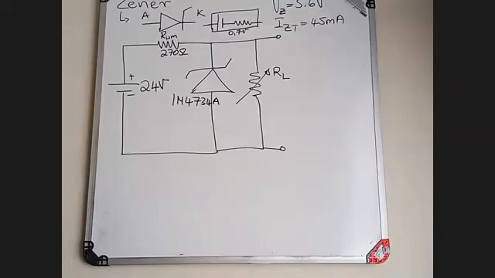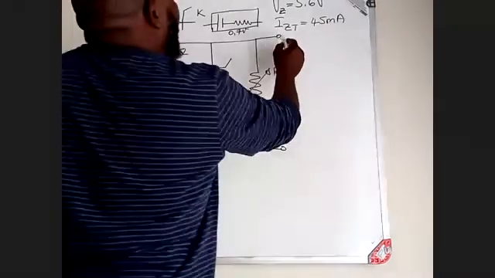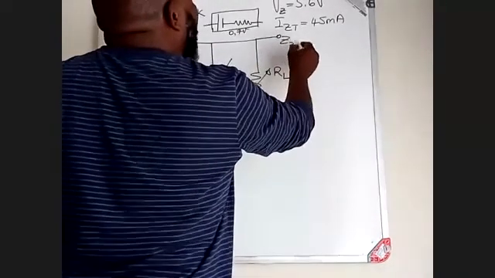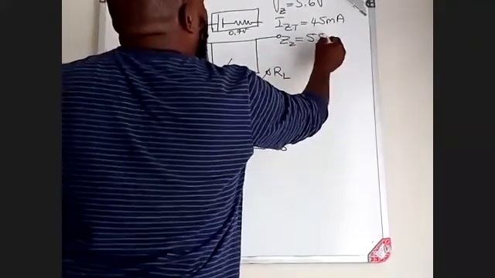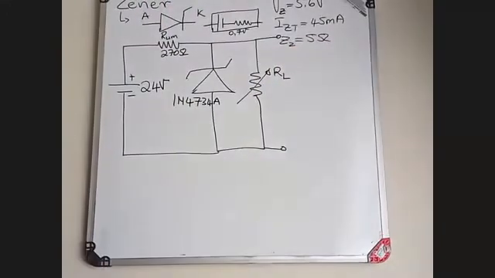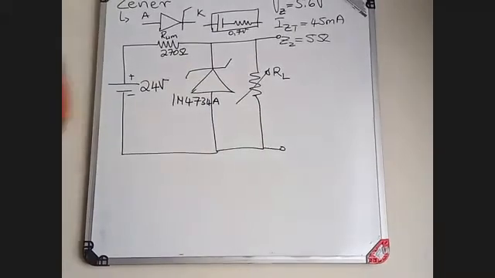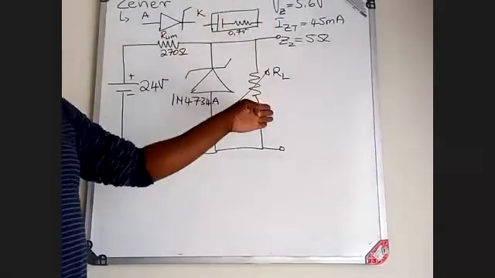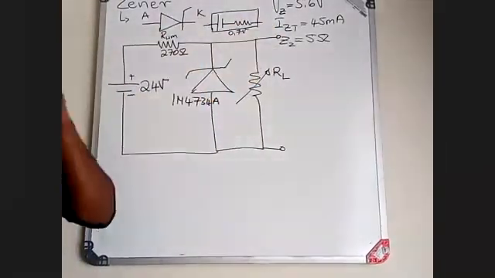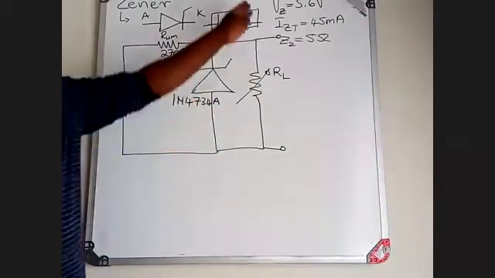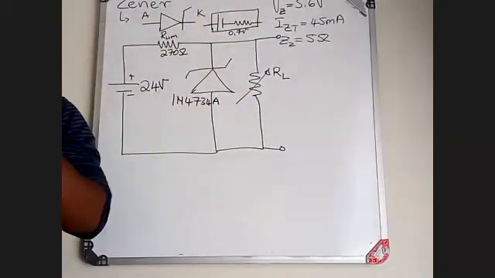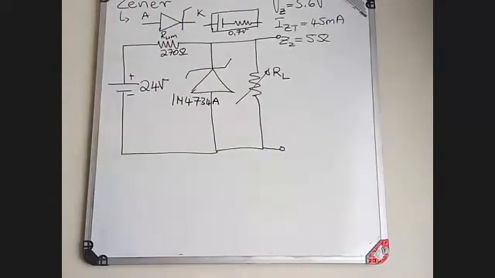Then from there, we check what my Zener impedance is. My Zener impedance at this nature, your ZZ, is 5 ohms. Remember, all of this information you find on a data sheet.